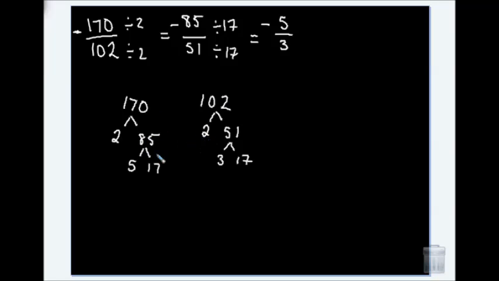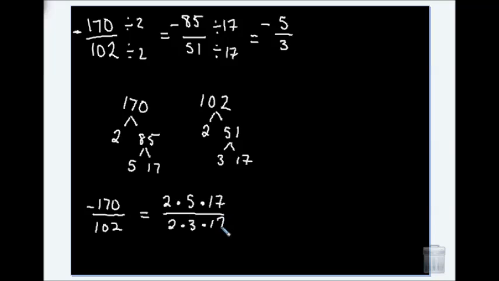When I make a factor tree, that tells me that this fraction factors into 2 times 5 times 17 over 2 times 3 times 17. Still negative. And any numbers that match between the numerator and the denominator, they're going to cancel. So what I'm left with is negative 5/3.